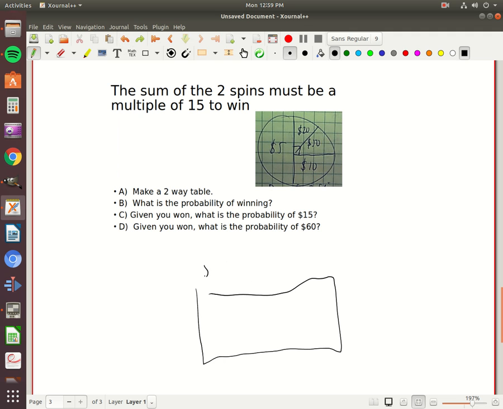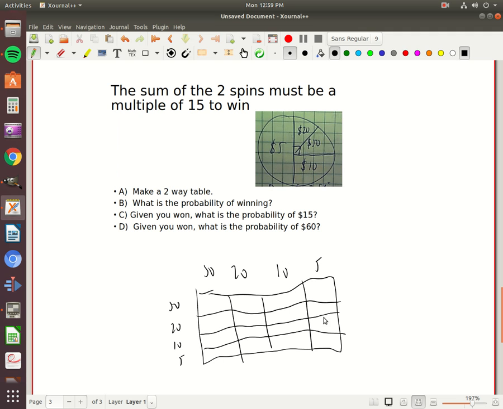I can get a 50, a 20, a 10, or a 5. It says the sum of the two spins must be a multiple of 15 to win. So this is not the game that we're used to. So hopefully you guys got that and you are pausing this video and figuring this out.